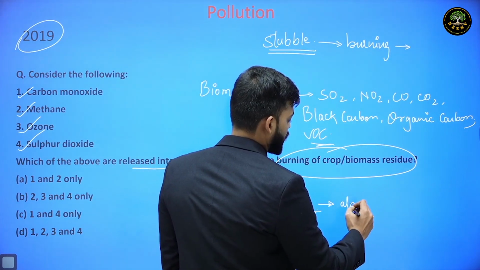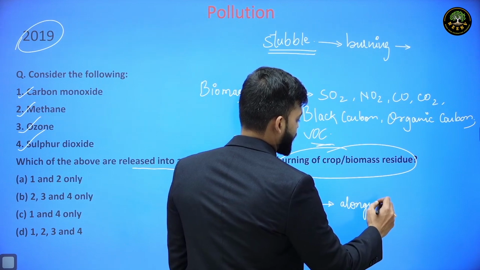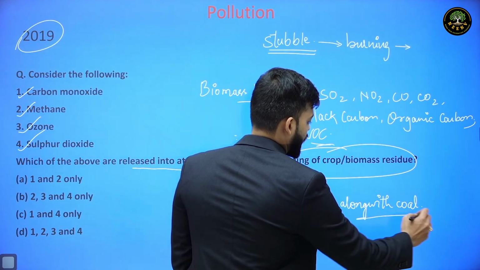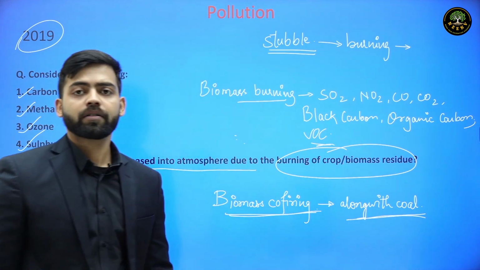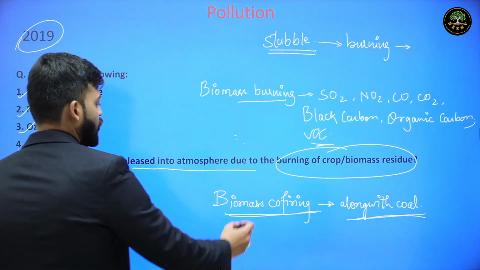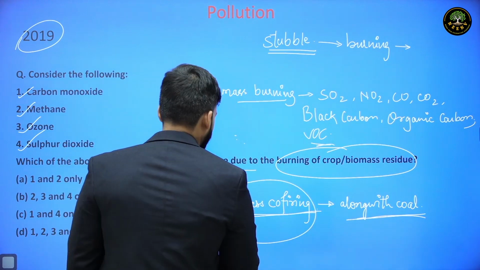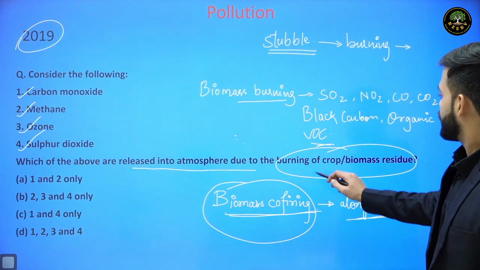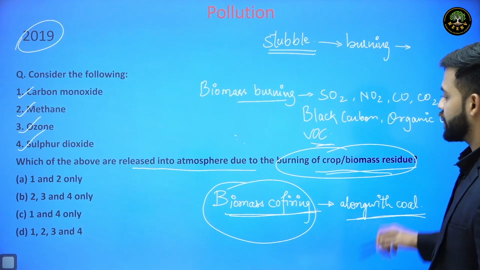Along with coal, this can be used for electricity or thermal power generation. So biomass co-firing can be an effective way as far as this burning of crop residue is concerned.